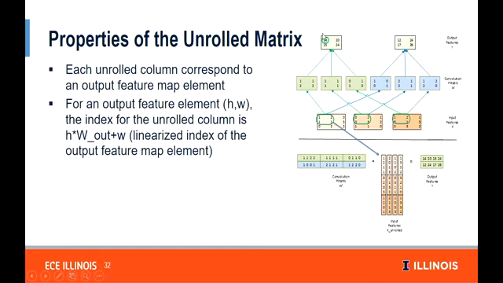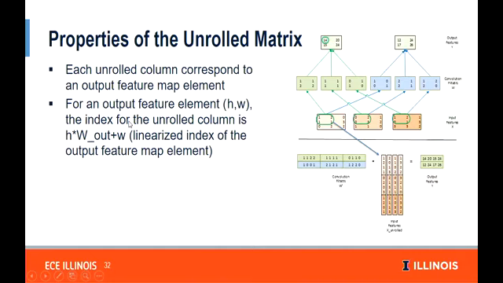Okay. So we have 4 elements here, so we have 4 columns right here. There will need to be 1 column for each of these elements. Now, for an output feature map element with index H and W, so this is 0, 0, H will be 0, W will be 0.